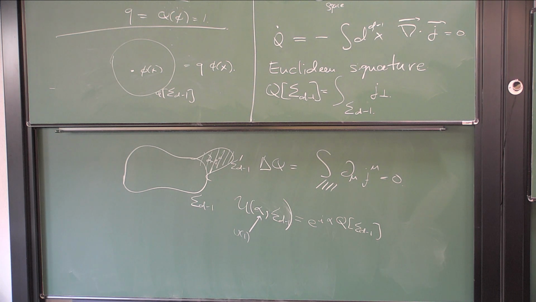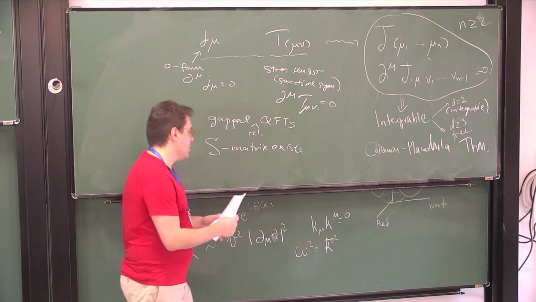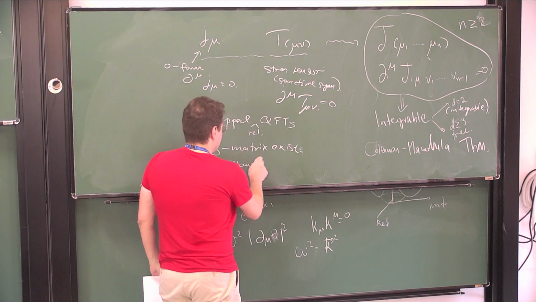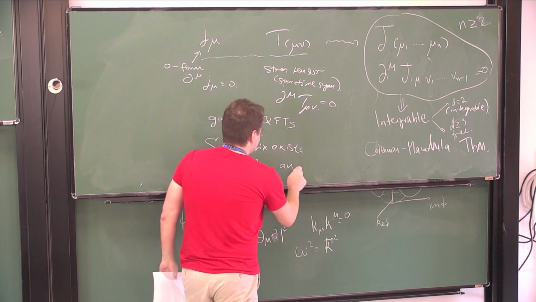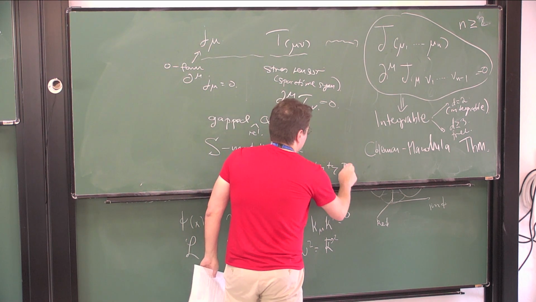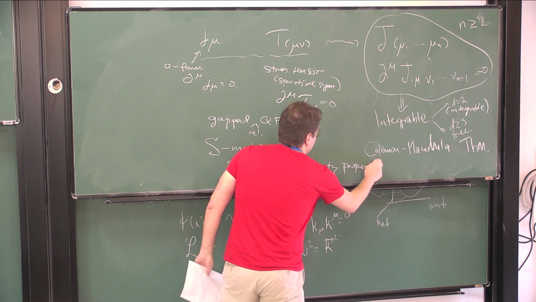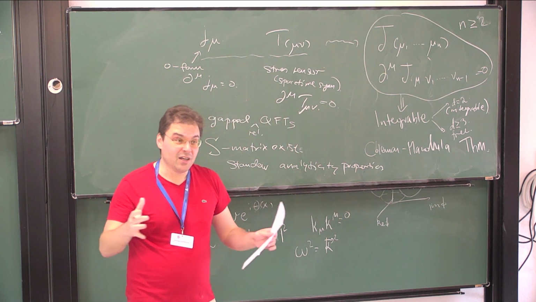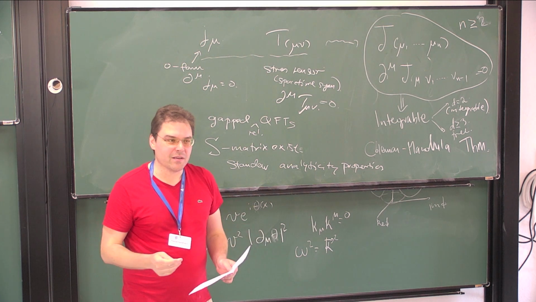Then this is a completely healthy object. And they prove that if you make this assumption that the S matrix exists, and on top of it, it satisfies various standard analyticity properties, which in relativistic quantum field theories are known to follow from essentially Lorentz invariance.